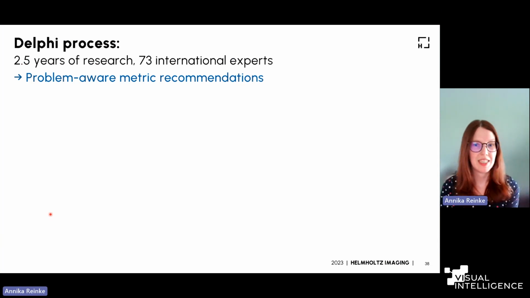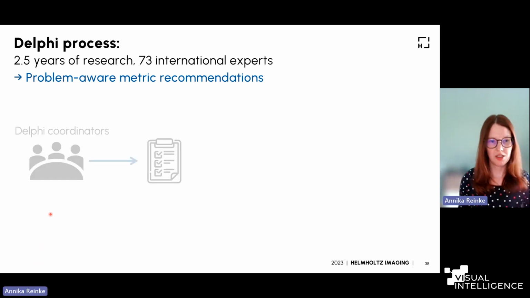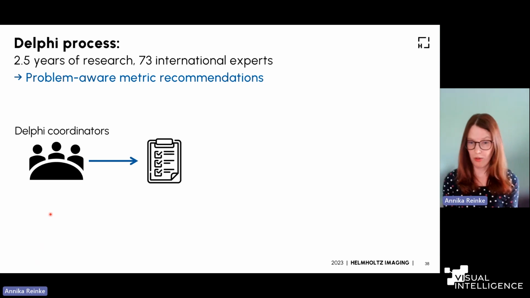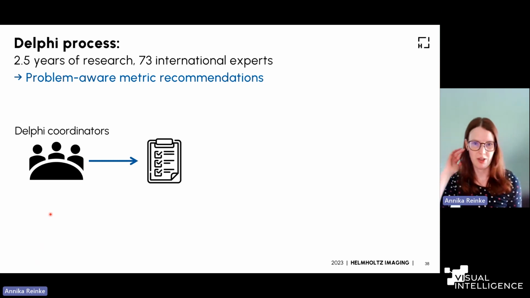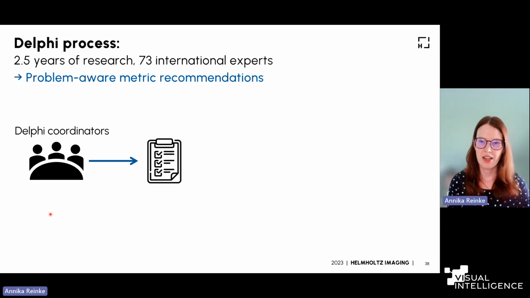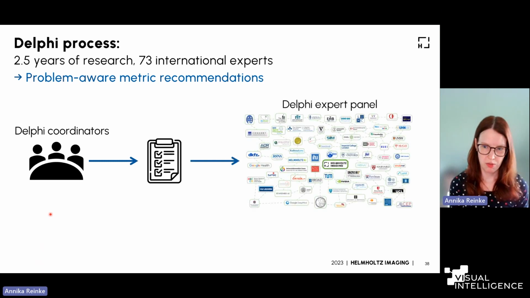To explain the process a bit, basically 2.5 years of research went into this, and we had this consortium of more than 70 international experts on this topic, aiming for these problem-aware metric recommendations. So we started with a small group of coordinators. We worked on proposals of metric recommendations, metric candidates, and all of the different things that we have in the framework. And this was then put into a survey and given to our Delphi expert panel.